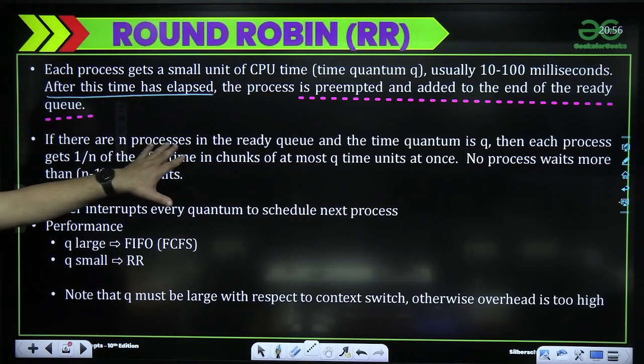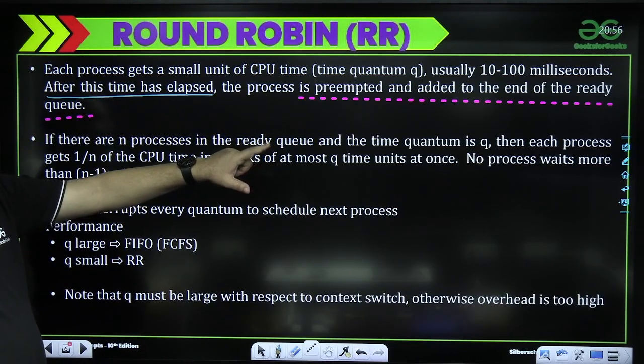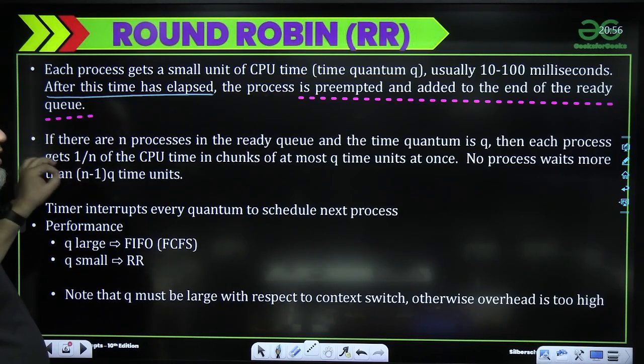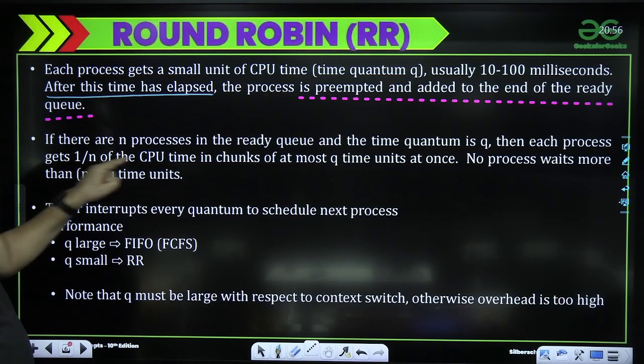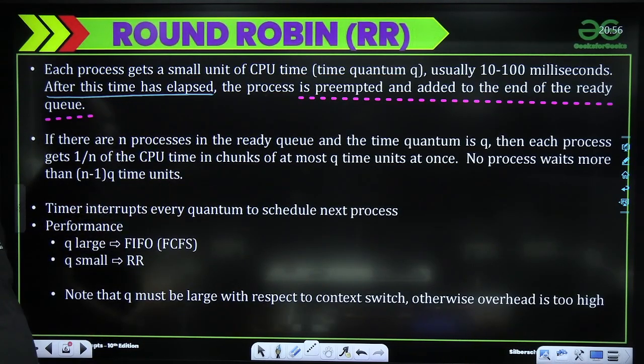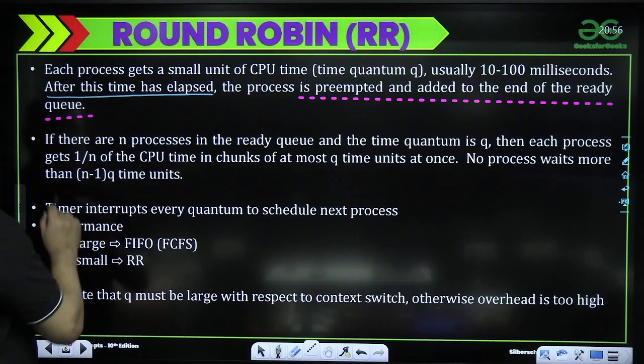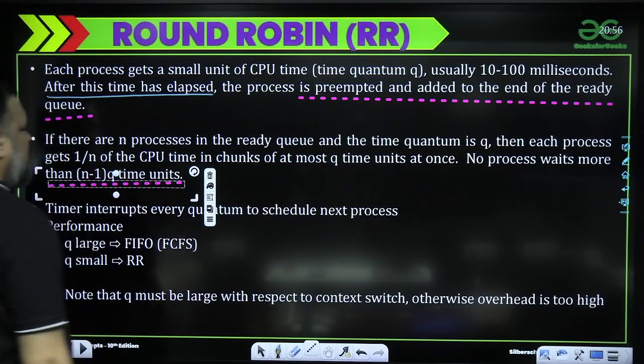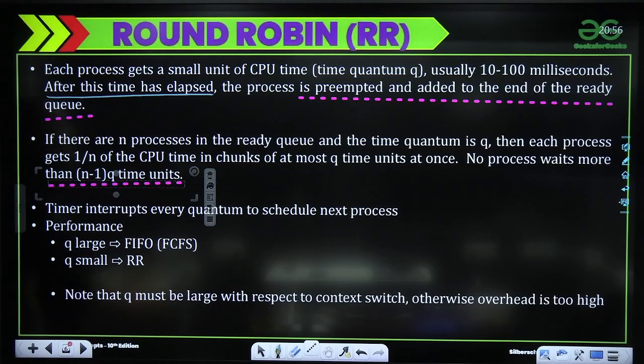If there are n processes in the ready queue and the time quantum is q, then each process is guaranteed to get 1/n of the CPU time in chunks of at most q time units. No process will wait for more than (n-1) times q time units. That's the maximum time the process will have to wait.